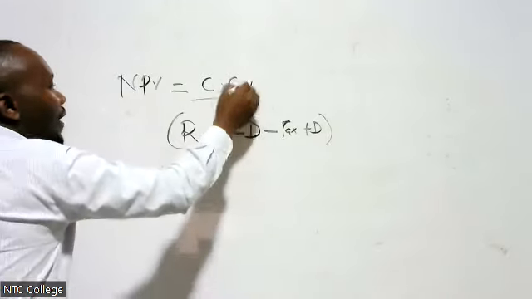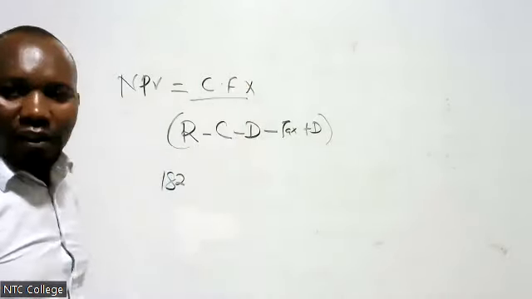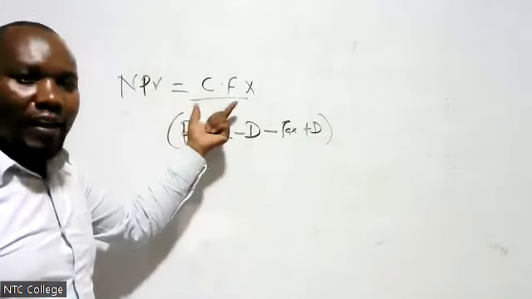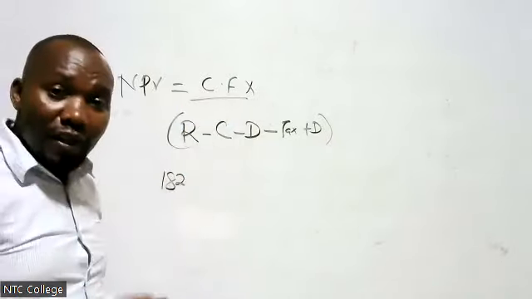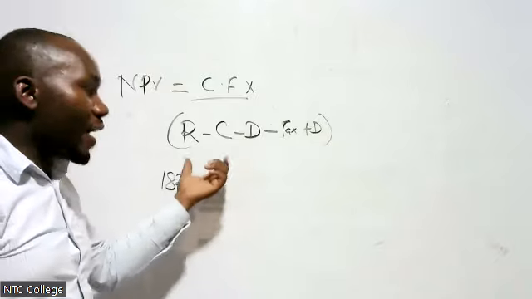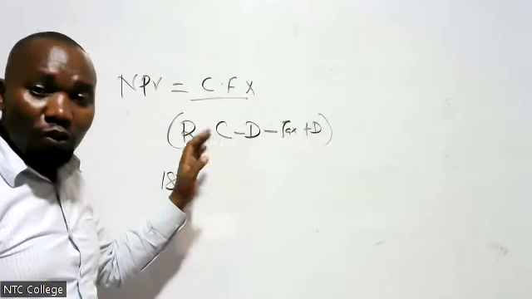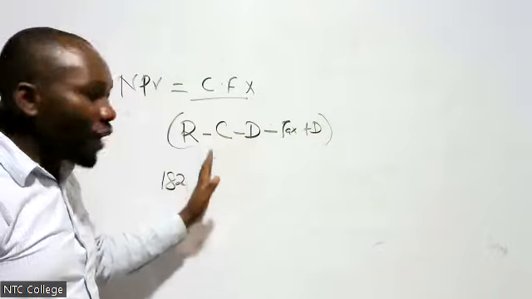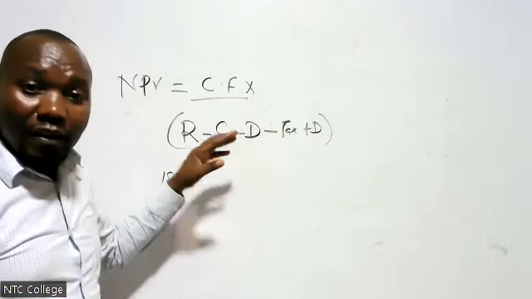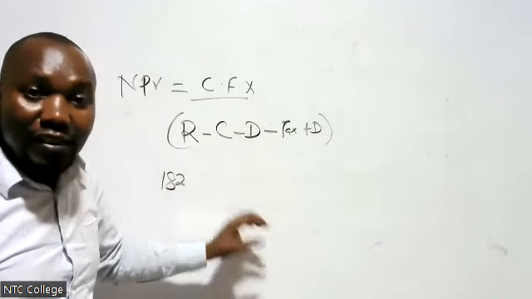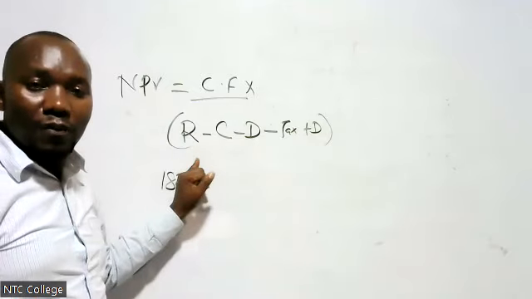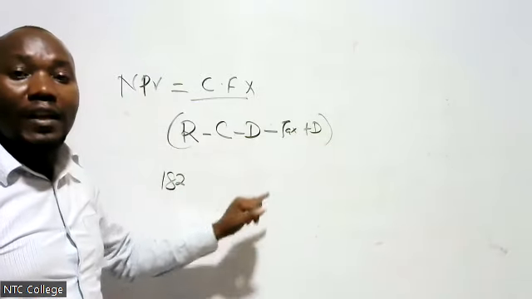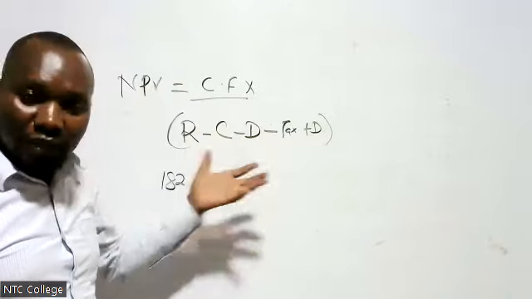Now, when you have it as a combined figure, you'll not be able to vary elements. So we have these elements, or what we call variables, which you can be told to vary. Perform sensitivity analysis when varying revenue, when varying cost, when varying maybe depreciation.